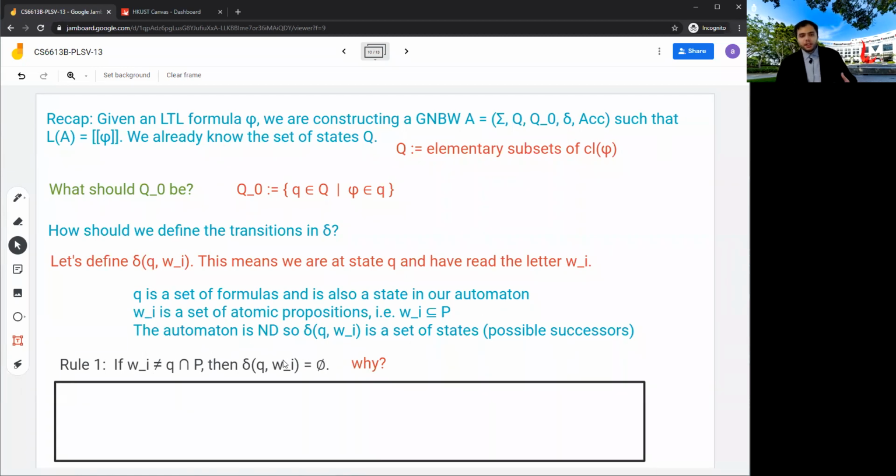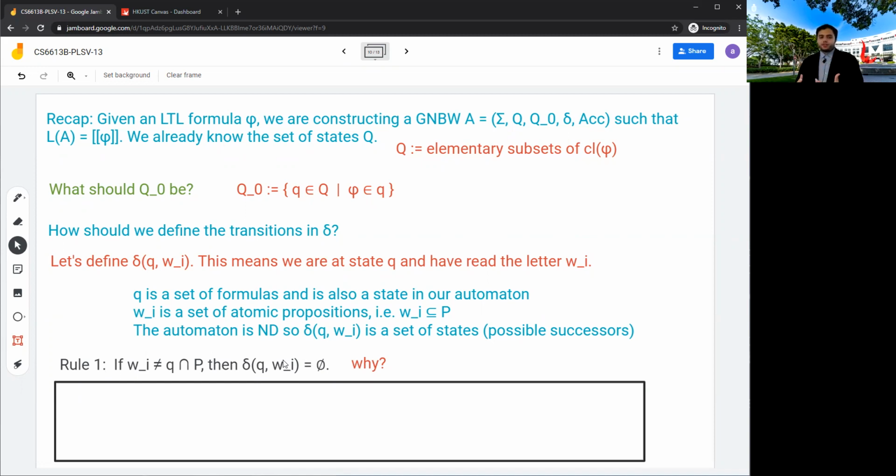Why? Well, because Q is a set of formulas, and it's also a state in my automaton. And starting from this state, I only want to accept those strings that satisfy all of these formulas. So if one of my formulas is just an atomic proposition, what it means is that at the first letter of that string, this atomic proposition should hold, right?